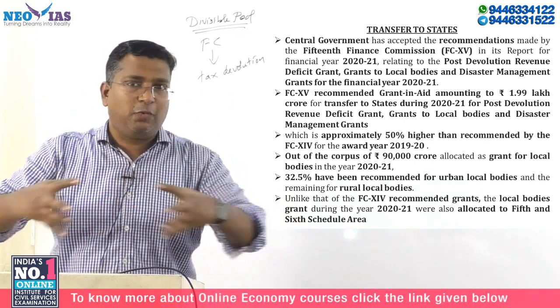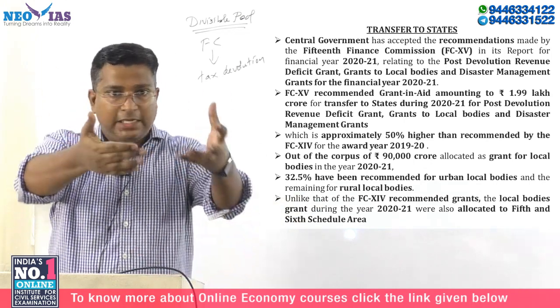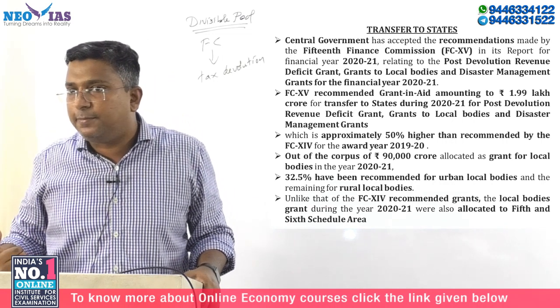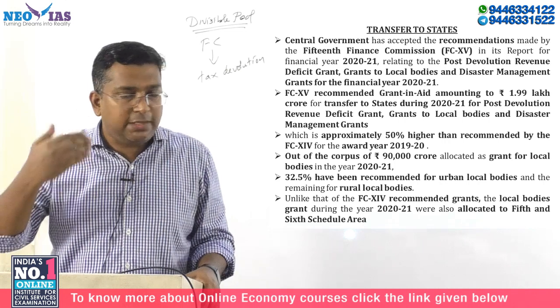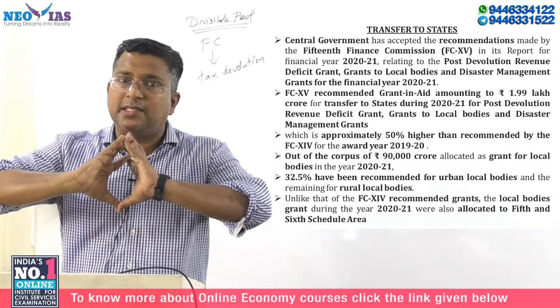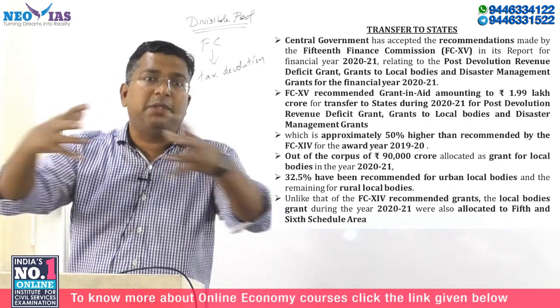Gross tax revenue. What is gross tax revenue? The total tax the center collects, okay? But the entire tax revenue the center can't keep. A certain proportion has to be transferred to the states. So those transfers, which all taxes will be transferred, are from the divisible pool.